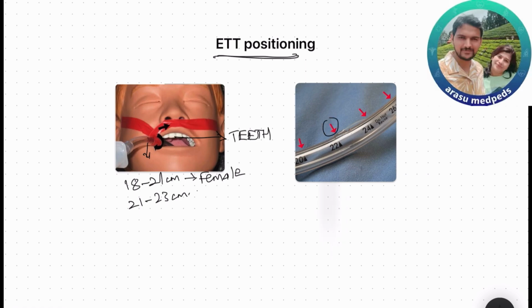So these markings that you are seeing here at the level of teeth, these are the numbers we have to remember. Approximately we can consider 20 for females and 22 for males. This is the first point.